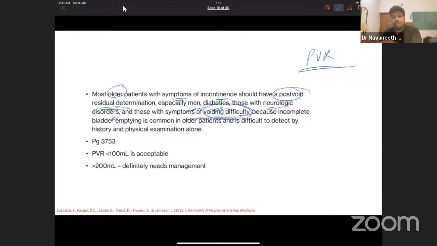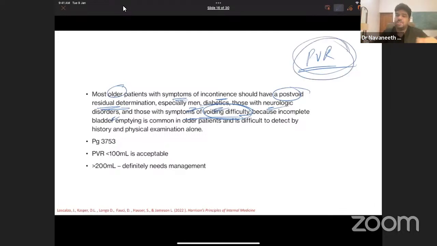Now, if you had not read this statement, and I told you there's a diabetic patient with a neurological problem, an old guy with a voiding difficulty, would you do a PVR? Most likely not. But Harrison says PVR is important because this neurological problem can be either due to a spinal cord or sacral problem or peripheral nerve problems, and they both happen with a good amount of incidence. So you can't obviously assume that it is diabetic cystopathy or a peripheral nerve problem and not treat it. It's important for you to treat both the causes.